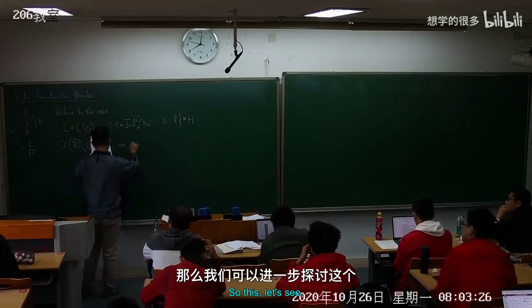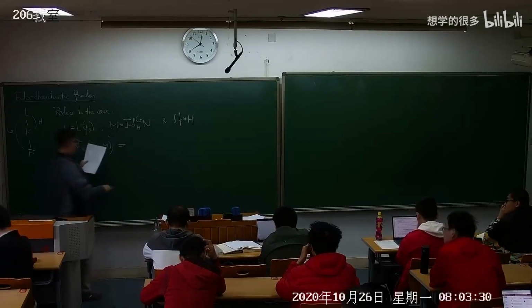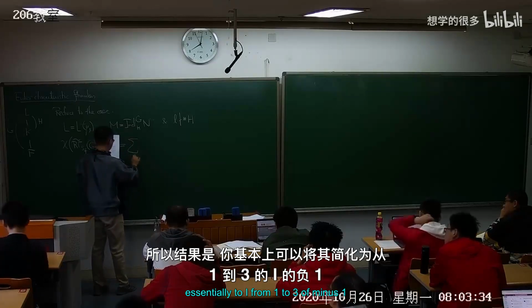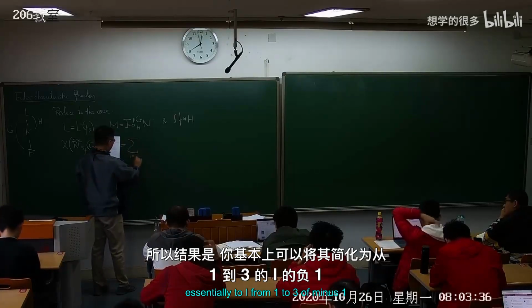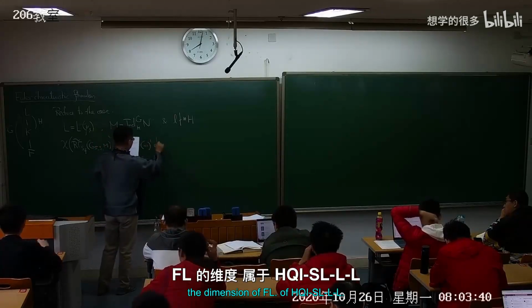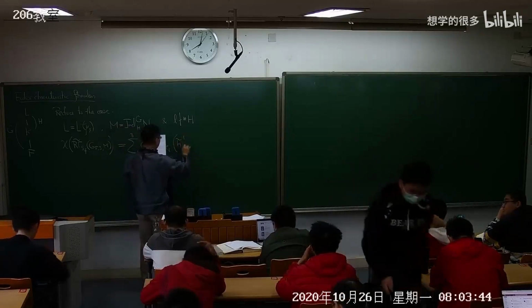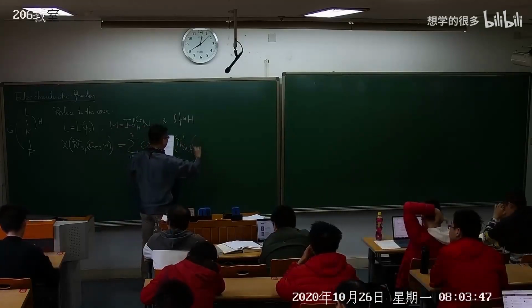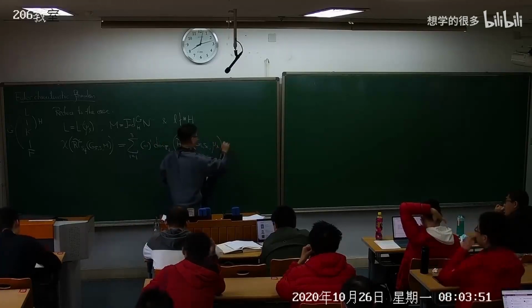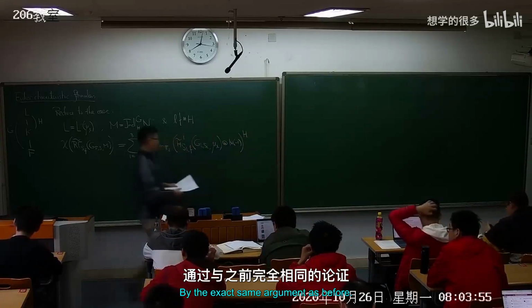So let's see, this turns out you can reduce it essentially to the sum over I from 1 to 3 of (-1)^I times the dimension of FL of H tilde I SLF of GL SL mu L, by exactly the same argument as before.